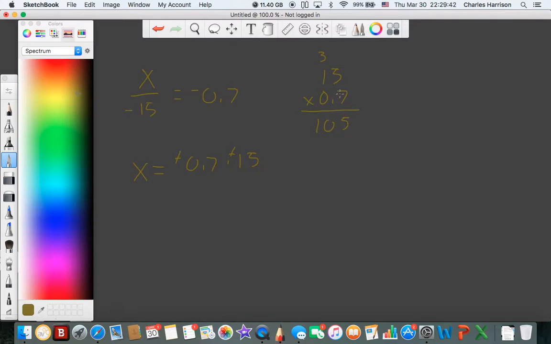But then we need to take into consideration that this is a decimal and that there's one place value after the decimal, so we need to go back one place value. So it's really 10.5. And that is the final answer. Oh, by the way, that was 14A.